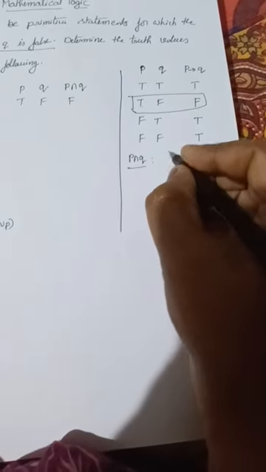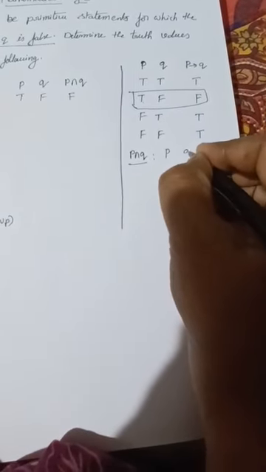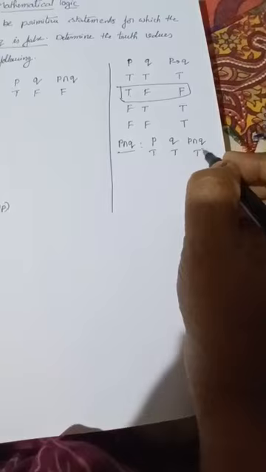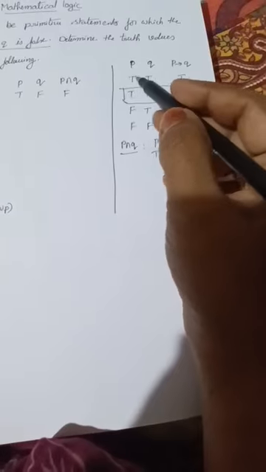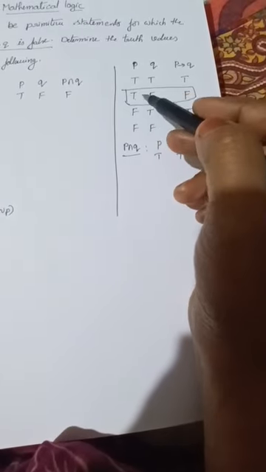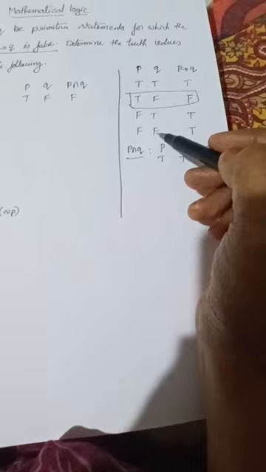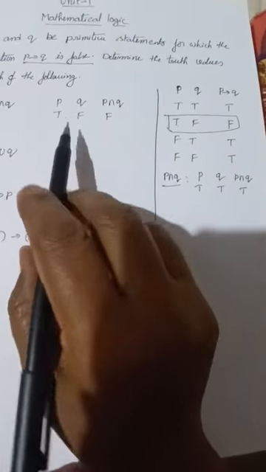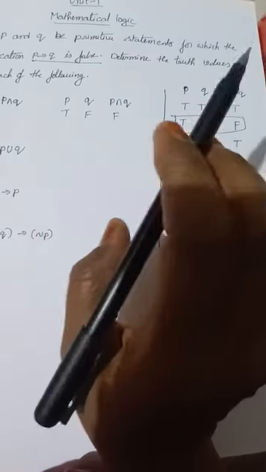P intersection Q: if both are true, then only it is true. In other cases, it is false. So the different one, if you are writing, you will remember. Other cases means we know, right? Both are true. One is true, one is false, one is false, one is true, both false. So except this, remaining all cases, it is false. That's what first bit answer I got, false.